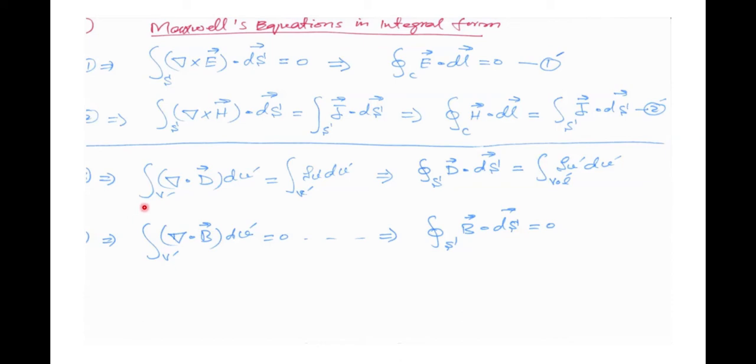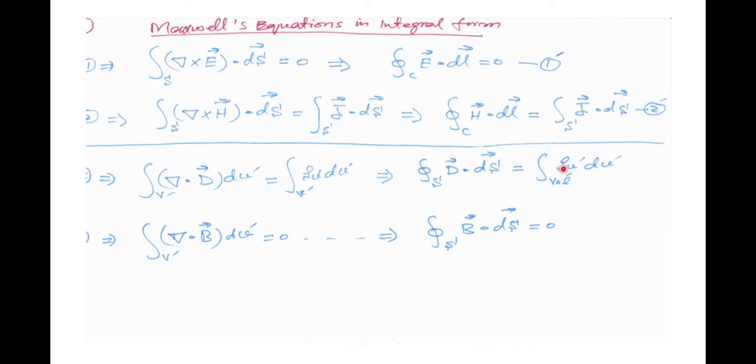Then let us convert the Gauss's law for electrostatic field. Apply volume integration on both sides to equation number 3, and then use the divergence theorem. According to divergence theorem, we can replace the volume integration of the divergence of any vector field by closed surface integration of that field.